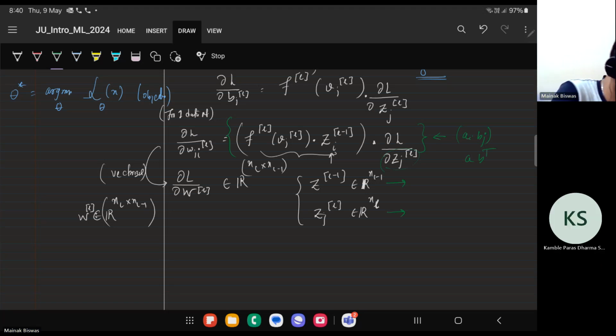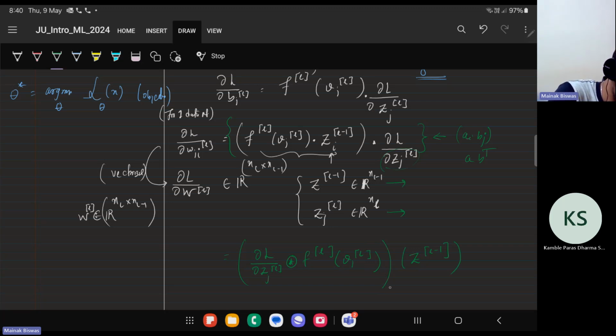So therefore, I can write this as dL/dZj of L, Hadamard product with F'L of Vj of L, times Z of L minus 1 transposed.